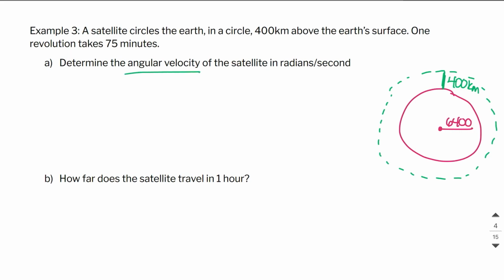It says determine the angular velocity of the satellite in radians per second. To find angular velocity, we're going to do the angle divided by the time. But since we want radians per second, we want to be careful about our time.